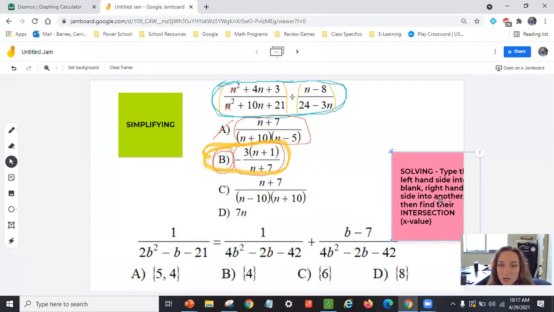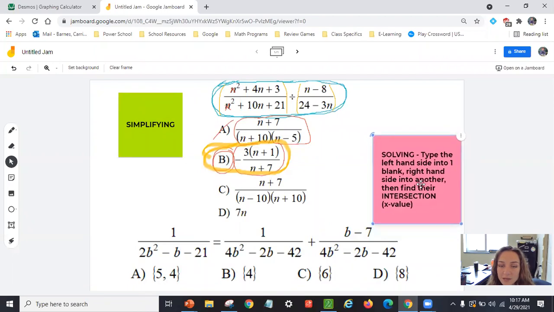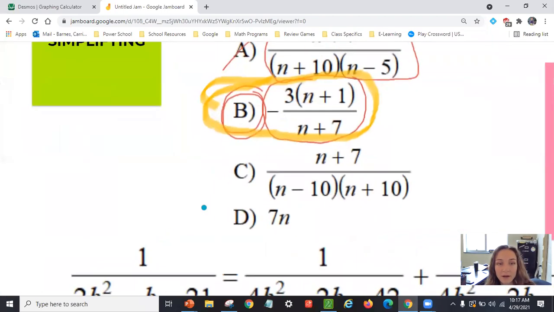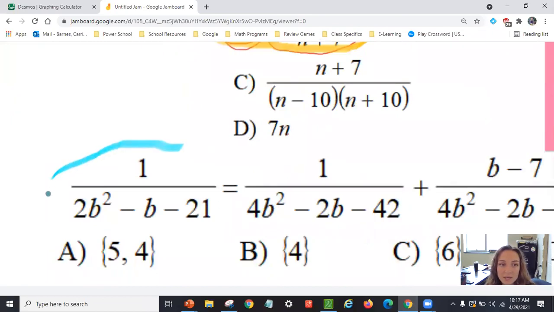The second problem down here, we're going to be typing the left-hand side into one blank, the right-hand side into another blank, and then we're going to find their intersection. So I'm going to type this into one blank: 1 divided by 2x squared minus x minus 21.